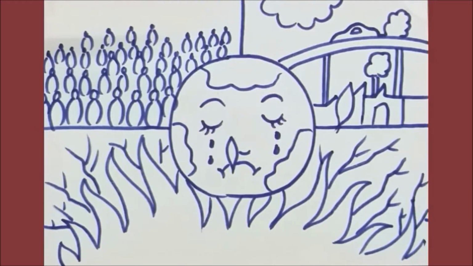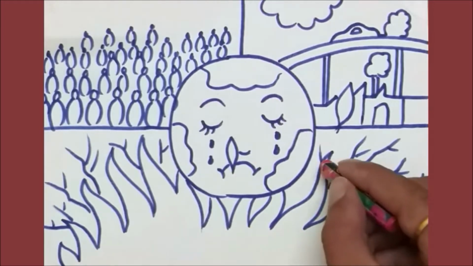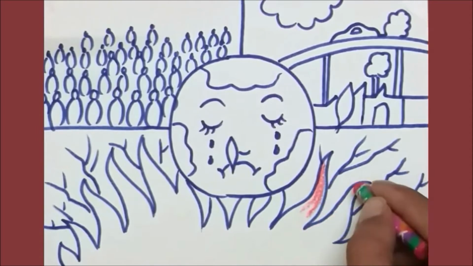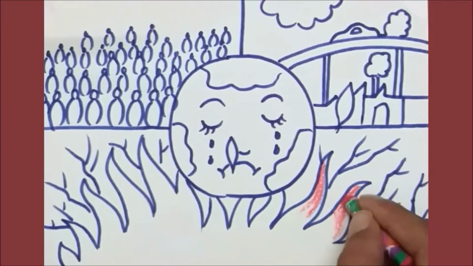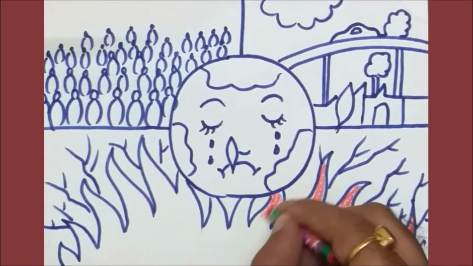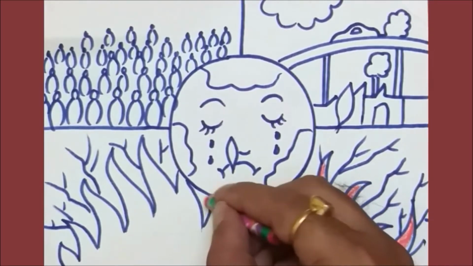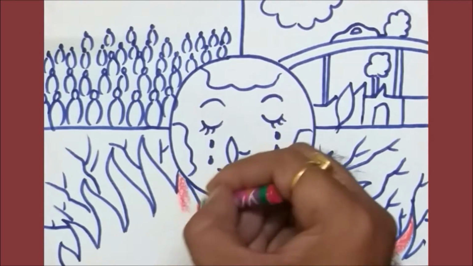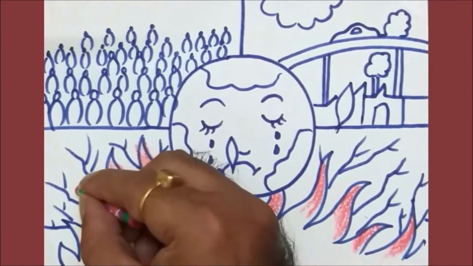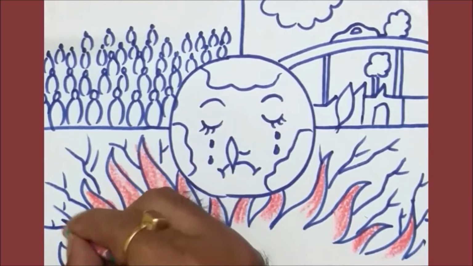First I will be coloring the flame. First I will be taking red. I want to show the flame with a natural color. First we will take it red, going towards the downside.